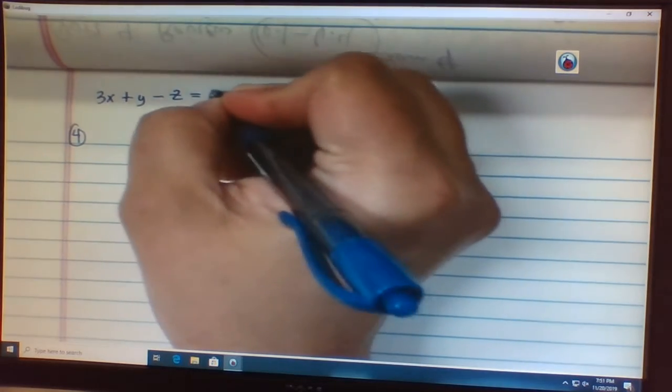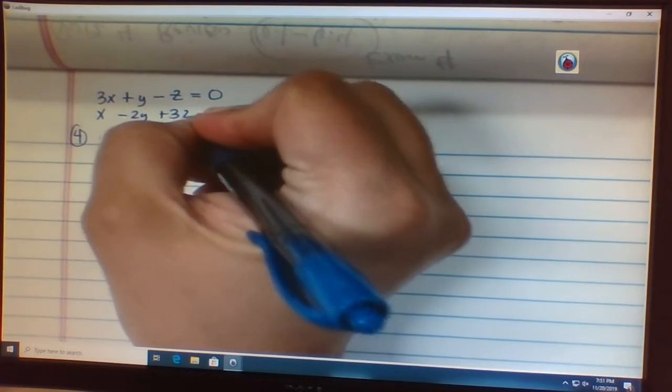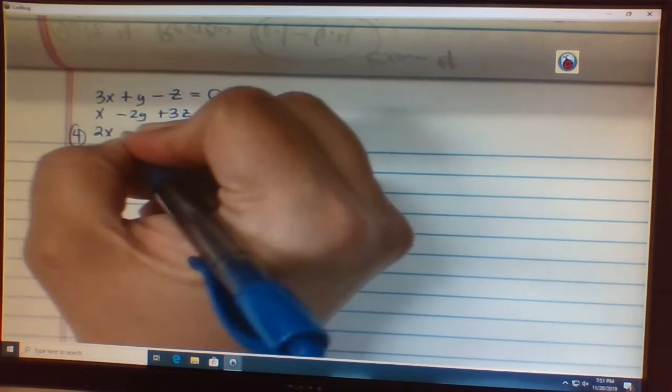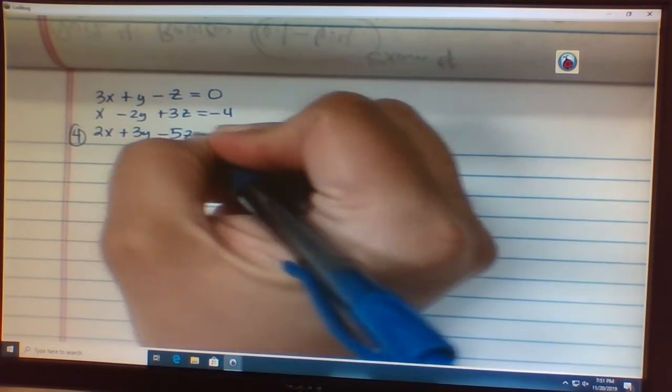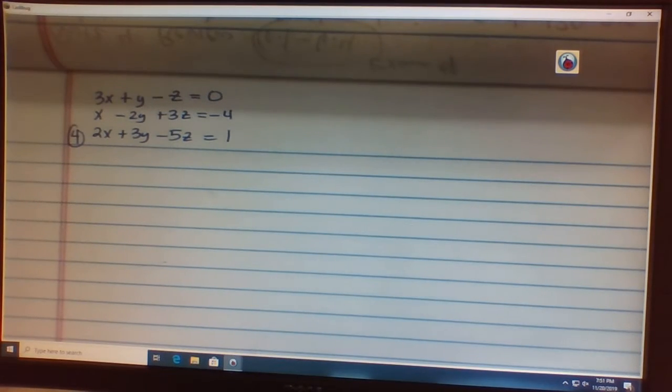Well, first of all, let's write this down. So this is the system that we're gonna get. Let me double check that I wrote it down correctly.